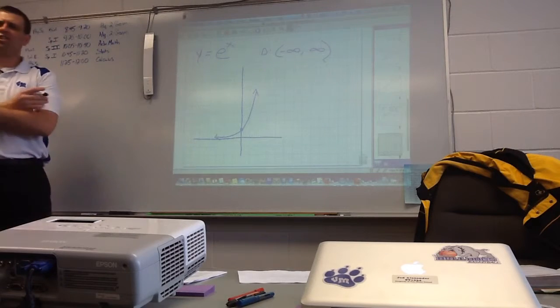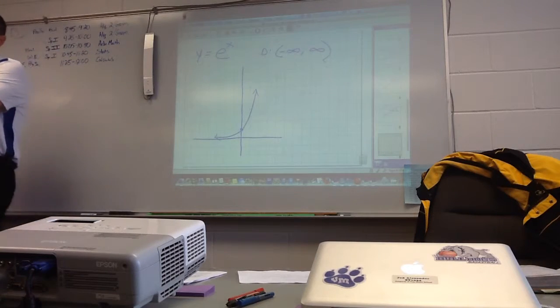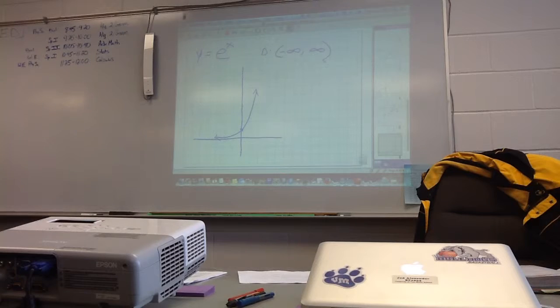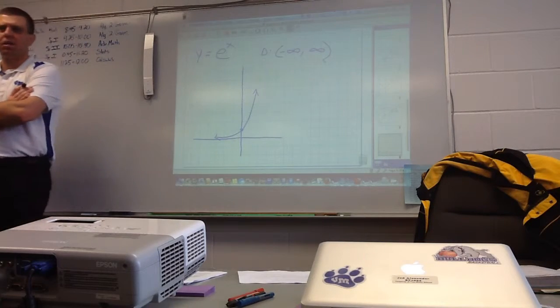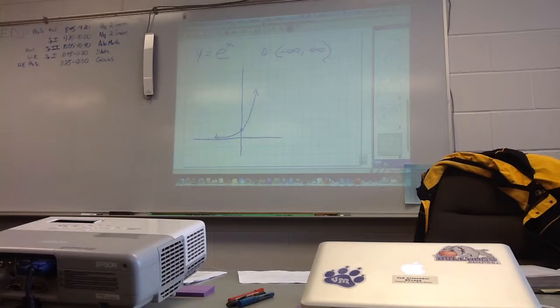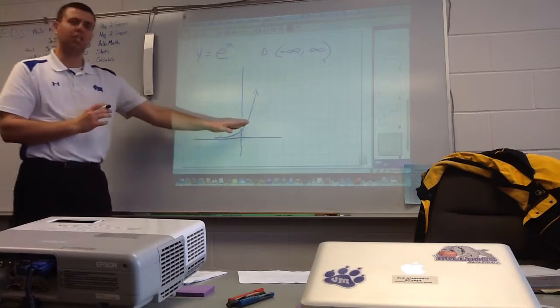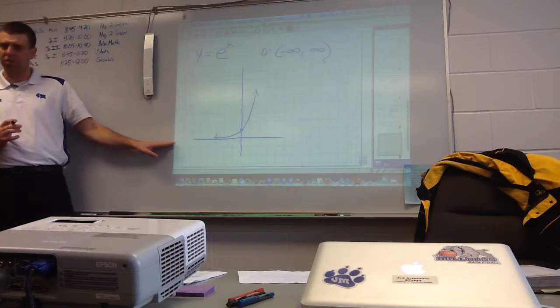Okay? Range, the answers that you get, the y values that you get after you plug in any of those numbers for x. The y values that you get will be what? Close to 0 and up to infinity, but it never actually equals 0. It gets really, really close to 0.